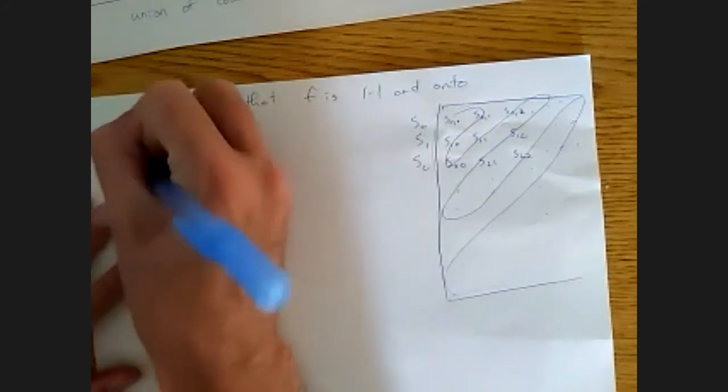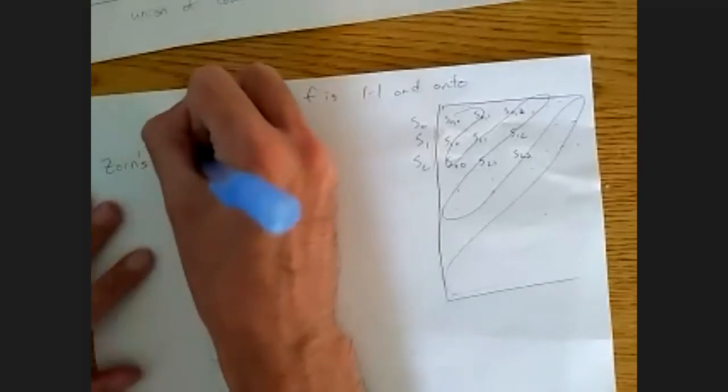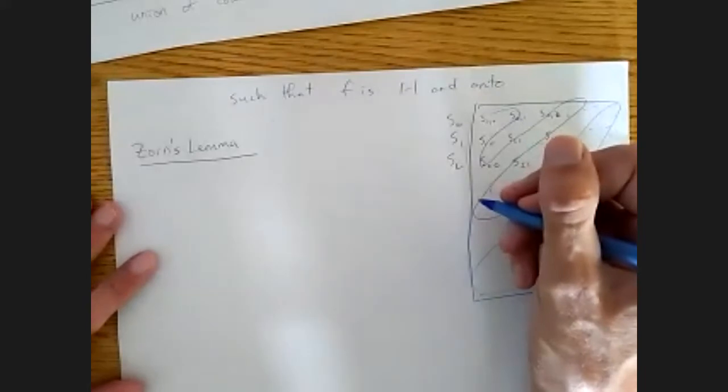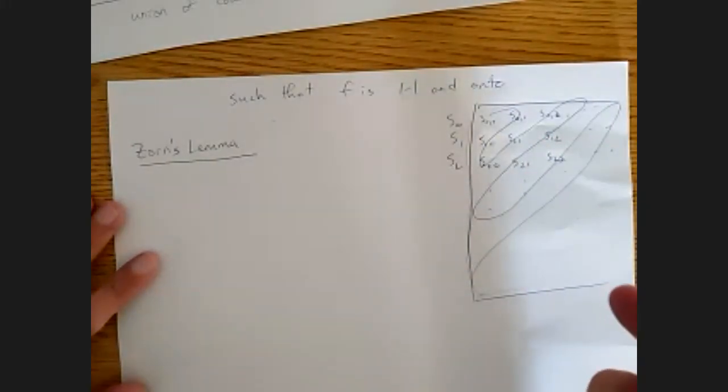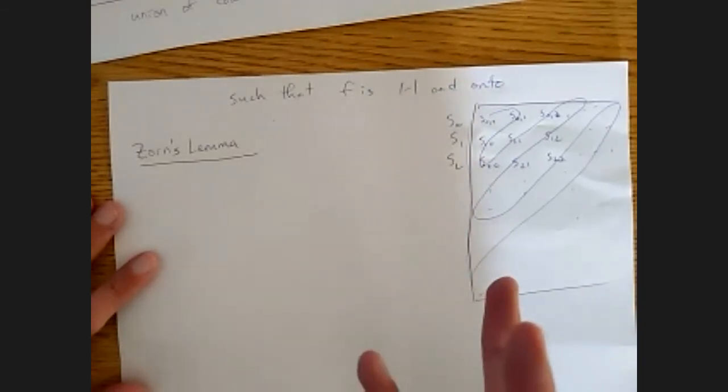Okay, and then the last thing I want to mention is, when we mention the axiom of choice, there are 3 different things we might be talking about. There's the axiom of choice, the well-ordering principle, and this thing called Zorn's lemma. These are all equivalent in some sense, even though one is a lemma, one is a principle, and one is an axiom.